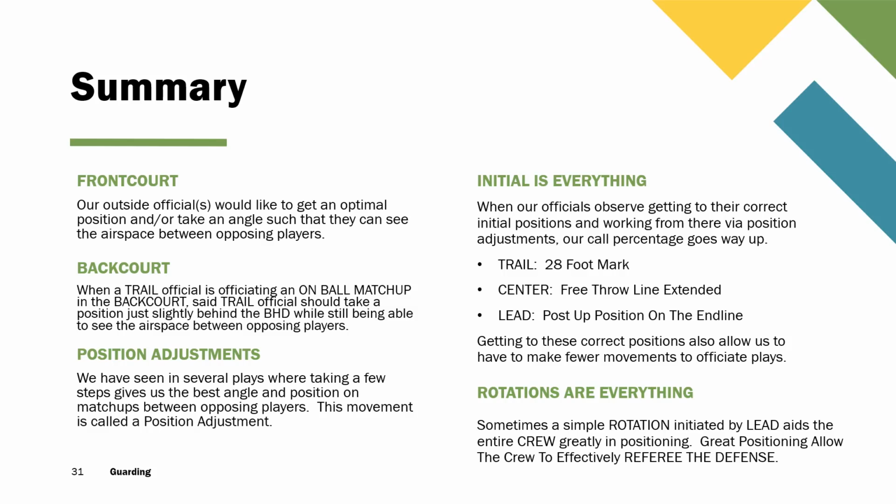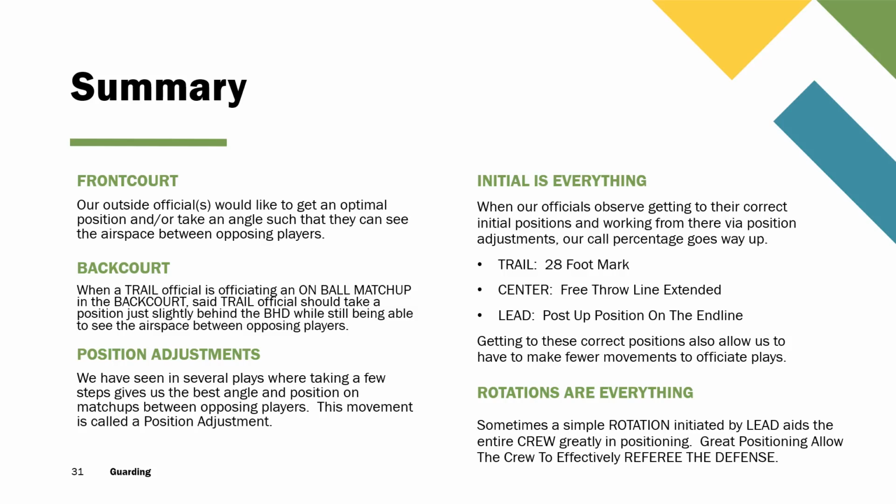We saw in several of the plays where our two outside officials, our trail and center, took a few steps, sometimes west, sometimes east, or left or right, which gave them the best angle and position on the matchup between opposing players. This movement is called a position adjustment.